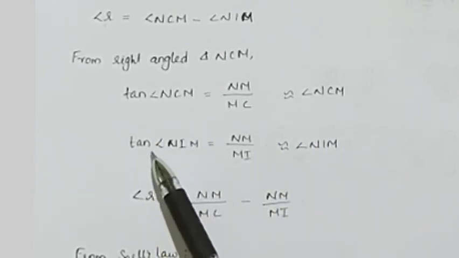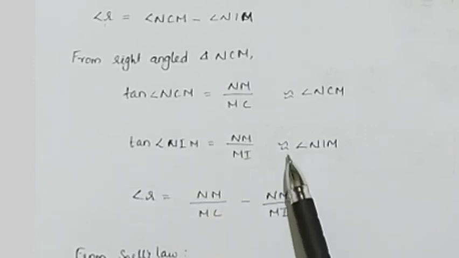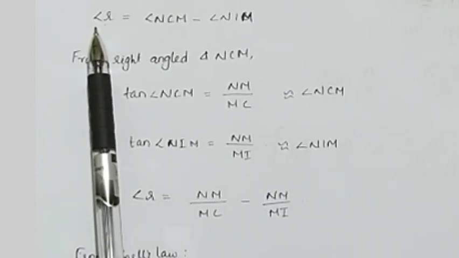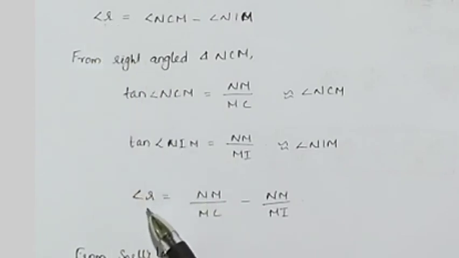Similarly, tan of angle NIM is equal to NM by MI, which can be approximated to angle NIM itself. Thus, angle R can now be written as NM by MC minus NM by MI, and we can see that MC is the radius of curvature and MI is the image distance.